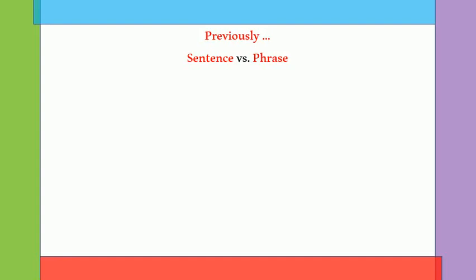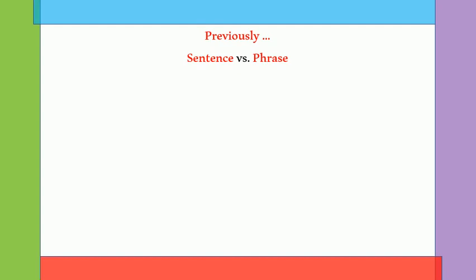Today we will be discussing the kinds of a sentence. But before that, I would urge you to please go back and repeat our previous lecture on the difference between a sentence and a phrase, because without knowing that, you won't be able to understand what a sentence actually is.